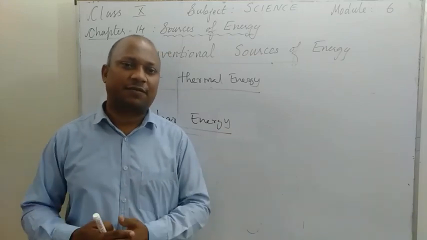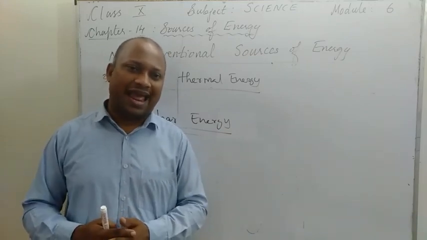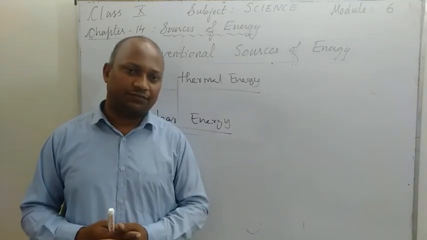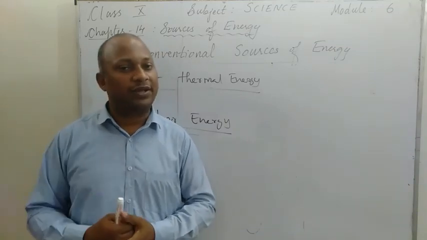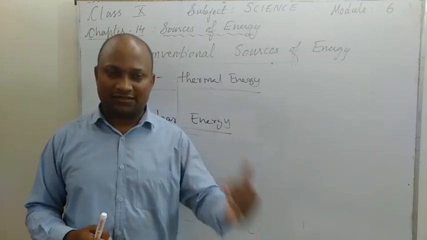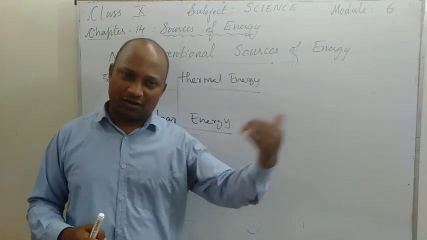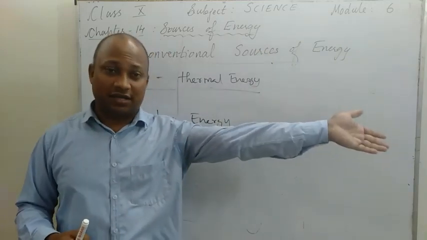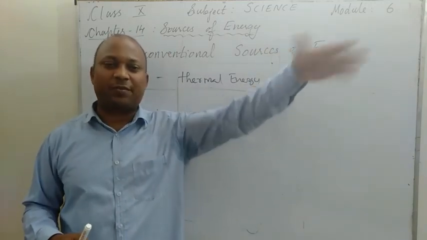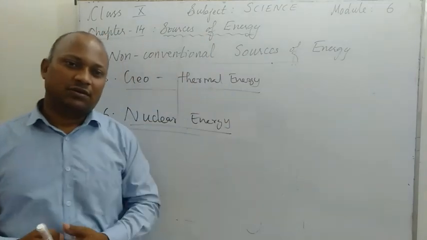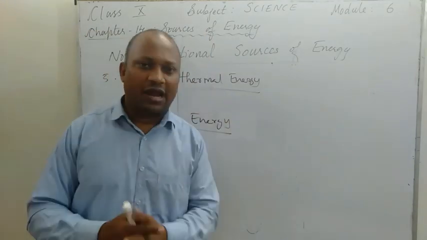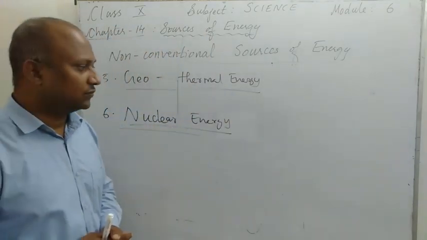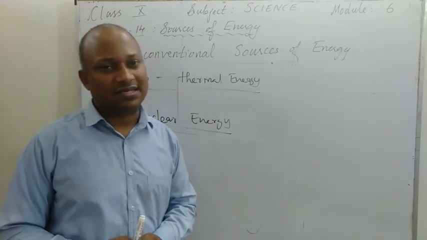Uranium splits into two nuclei and releases a lot of energy when hit by a slow moving neutron, and this reaction creates a lot of other neutrons, which again go and hit the other uranium atoms, and it's a chain reaction, it goes on. And there are nuclear reactors which produce electricity by this method.